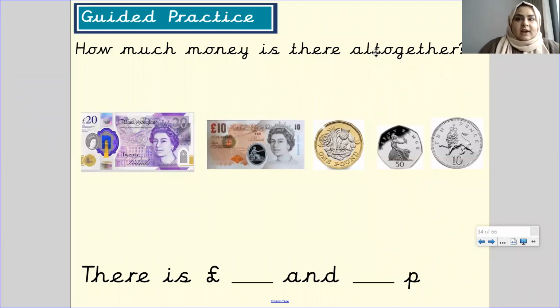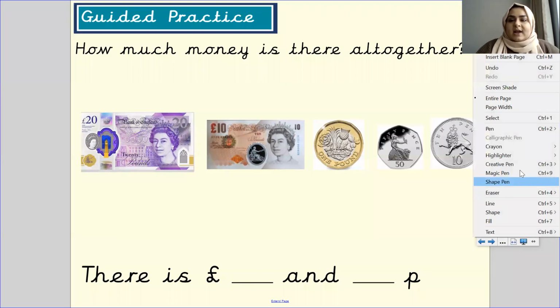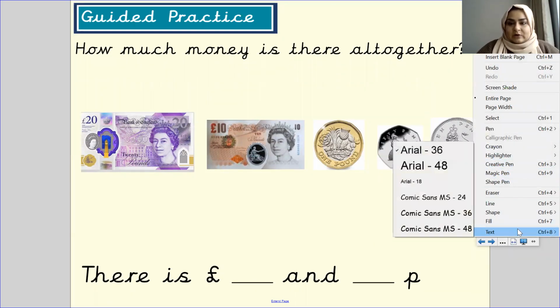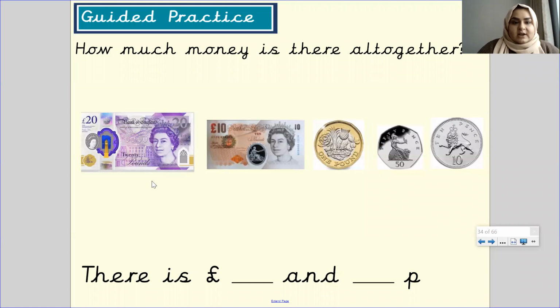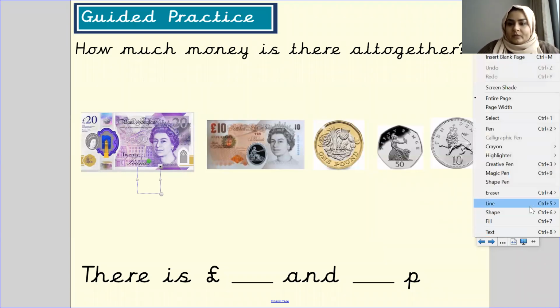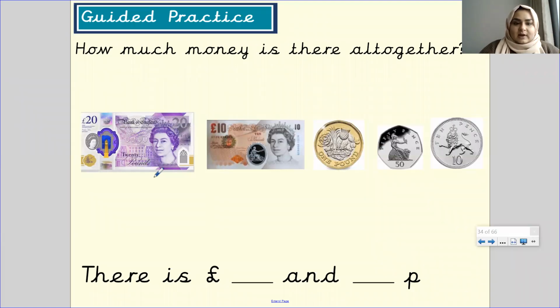Okay, so if you look at my sentence at the bottom, it says there is pounds and pence. So something pounds and something pence. The best way to do this is to work out the pounds first. I am going to first use my knowledge of my place value grid, so tens and ones, and I'm going to work out my pounds.